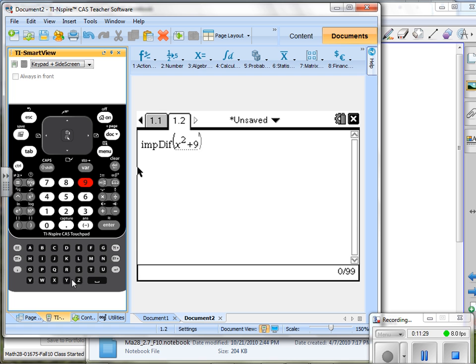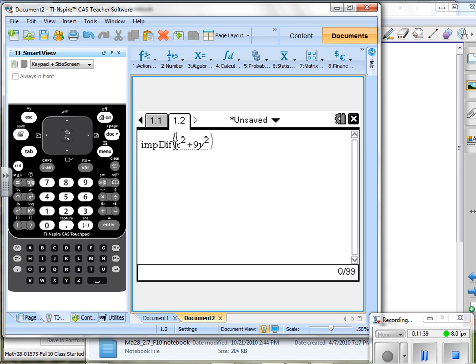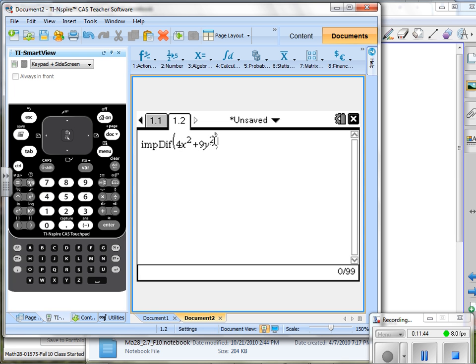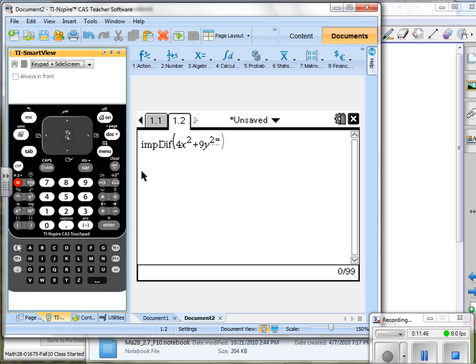I'm trying to find the dy/dx. There we go. Okay. y squared, and I'll go back here and put a 4 here. Equals 36.